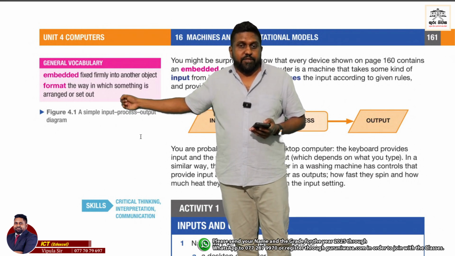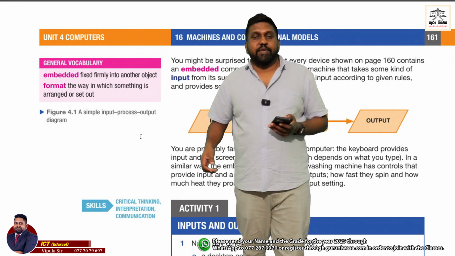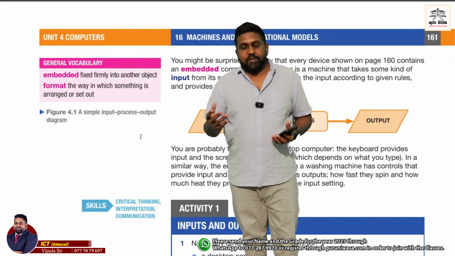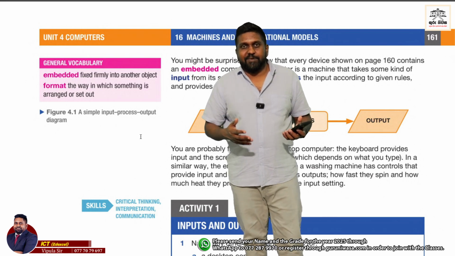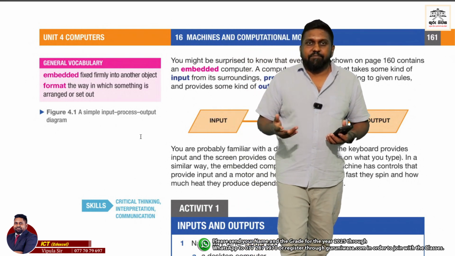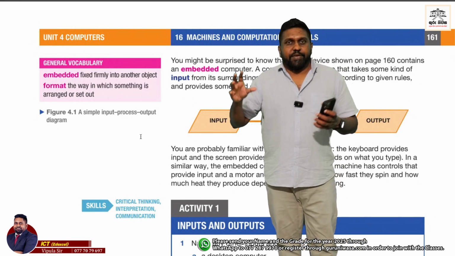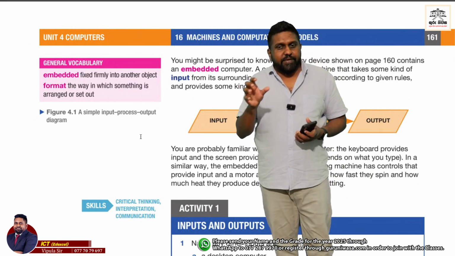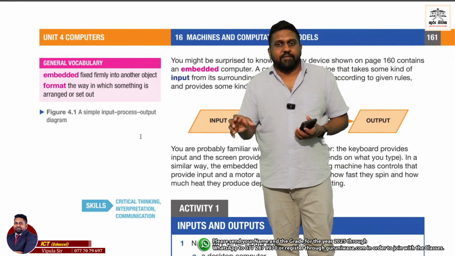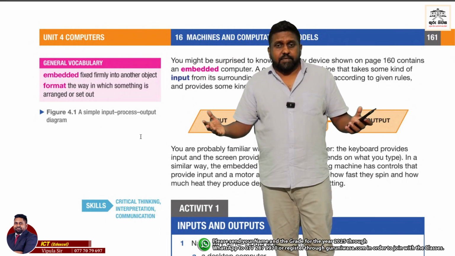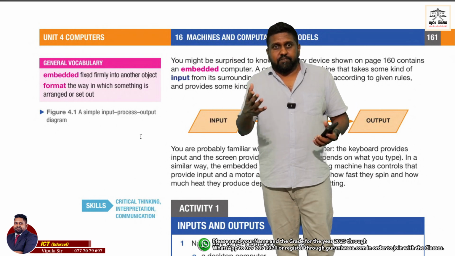Okay, so embedded, in simple terms, I'll explain this in a very simple way. When it comes to embedded devices, what we call embedded is that to a main process we embed another device. So an example is the car.